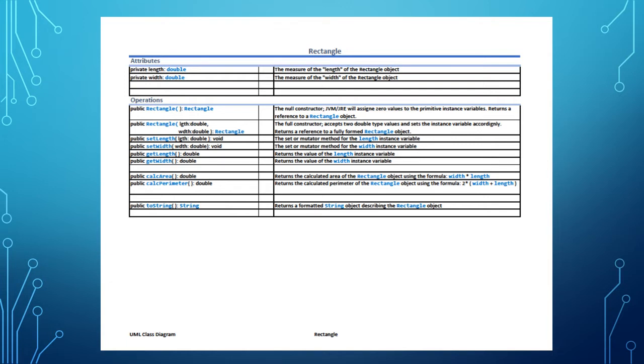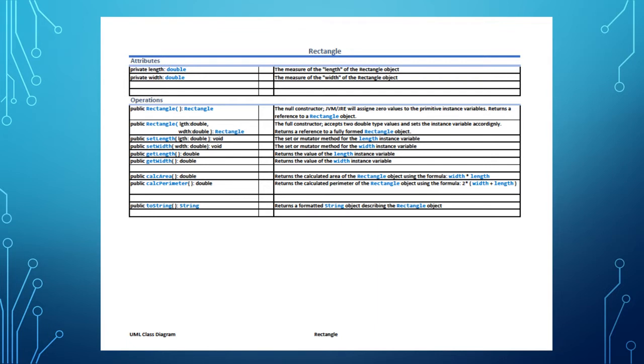So to look at the UML, as I mentioned in the UML basics video, we have attributes and we have operations. In this case, we have two attributes, a length and a width. Both are double type values. Off to the right, we have a short description of what the attributes are. It's pretty obvious, but I don't see any harm in adding obvious comments.